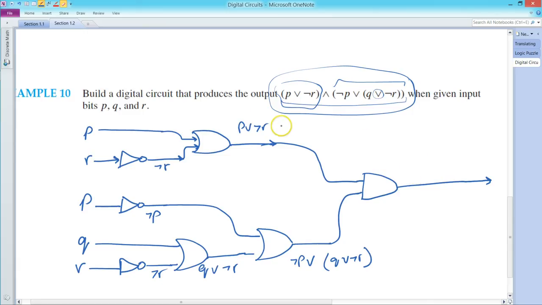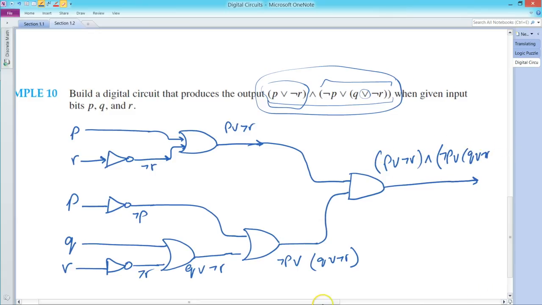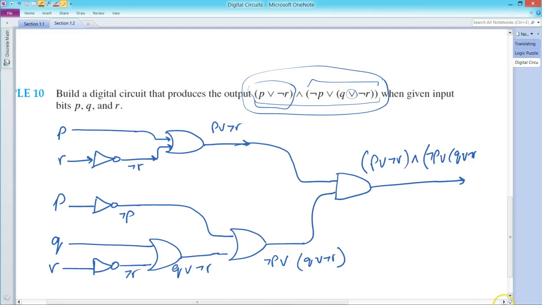From the above input we get P or not R, and from the below we are getting not P or (Q or not R). Let me just move the screen a little bit to the right so I can write. And there you go. This is the circuit that represents this output.